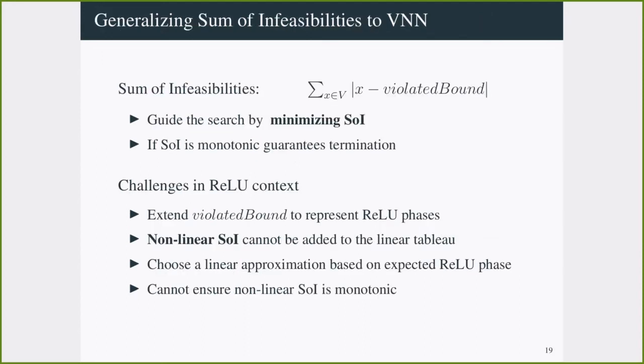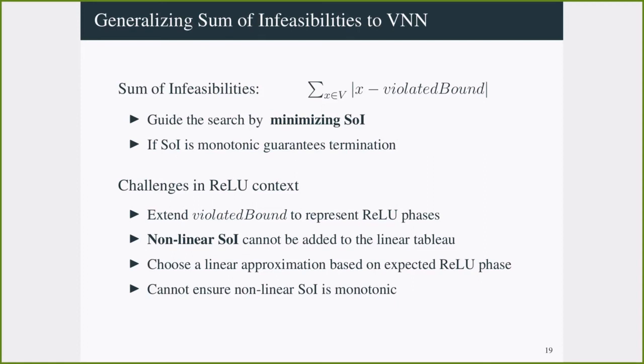Now I'll switch to some ongoing work. We consider a generalization of sum of infeasibilities, which is a standard simplex technique for guiding the search. We want to generalize this technique to the piecewise linear context. So given an assignment, sum of infeasibilities denotes the amount by which an assignment X violates the constraint bounds.